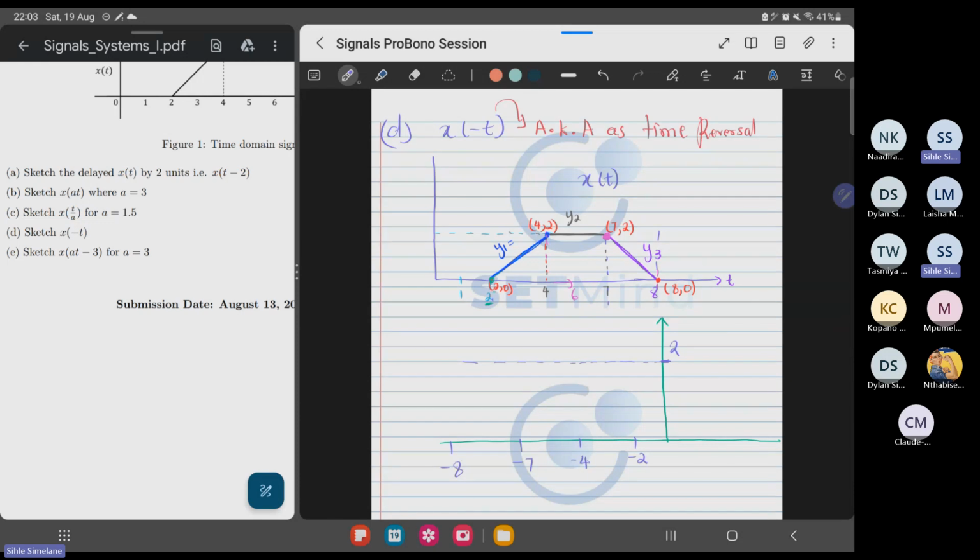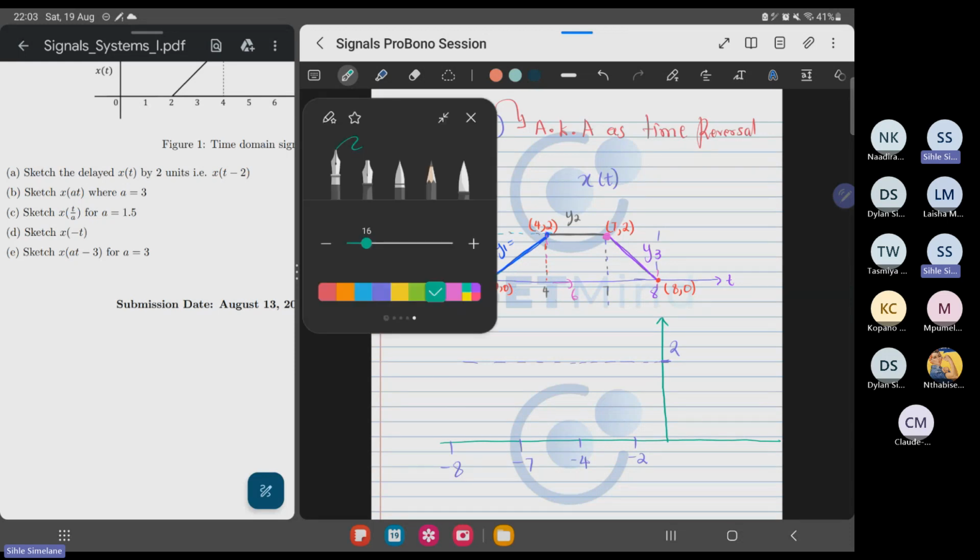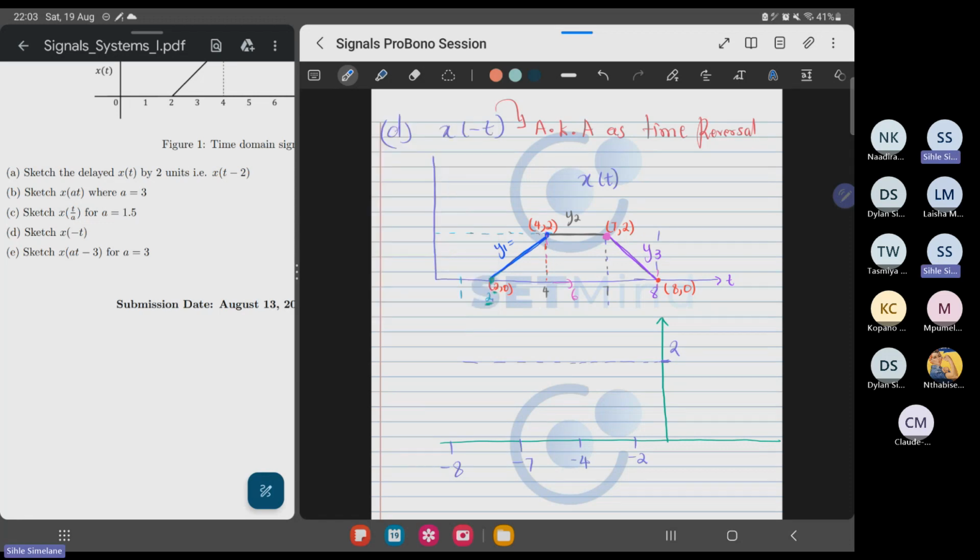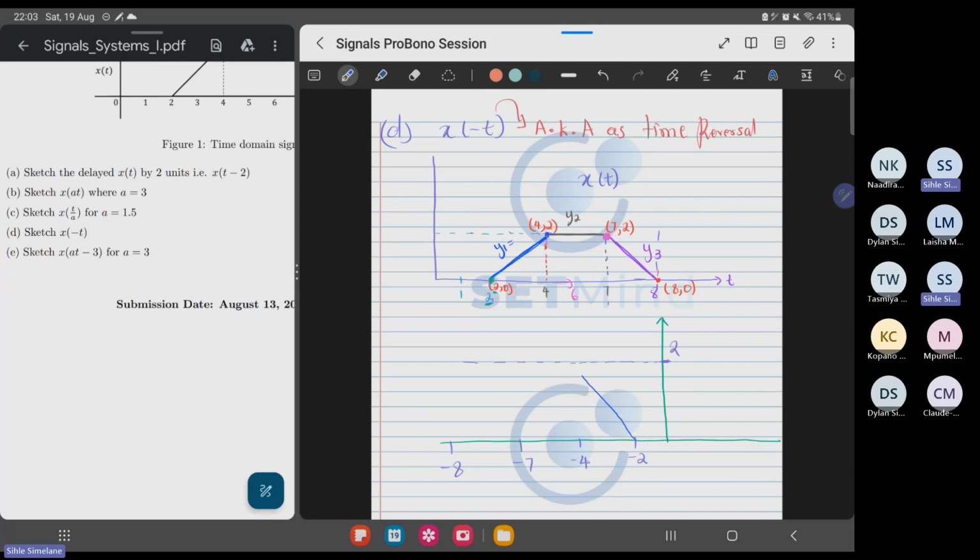And then all you do is multiply these t values by a negative, and then you resketch your graph. So if you think about it carefully, where's my blue? It is going to end up looking like this. The t is 4, it's supposed to cross there, so it's going to end up looking like this.